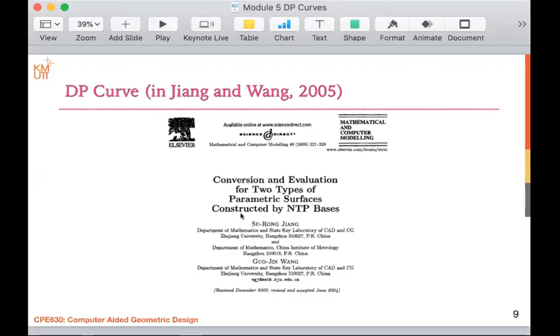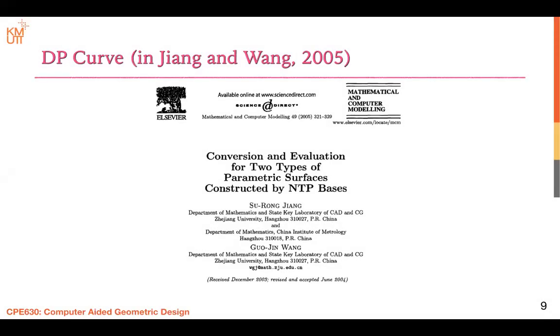Stop share, and then we'll go back to the next paper. Okay, this one is a DP curve. Not actually, because this paper was developed by a Chinese professor and his PhD student, Zhu Longjiang.